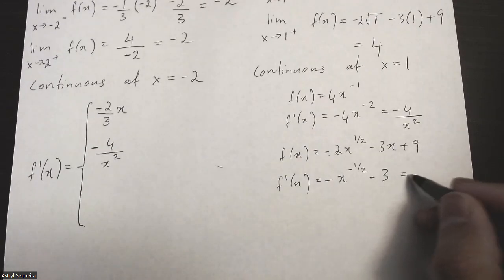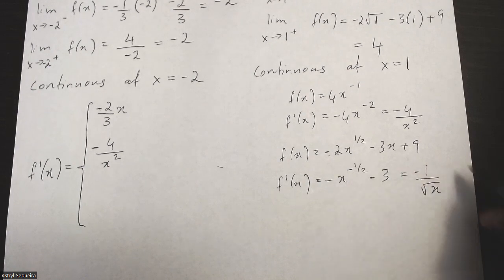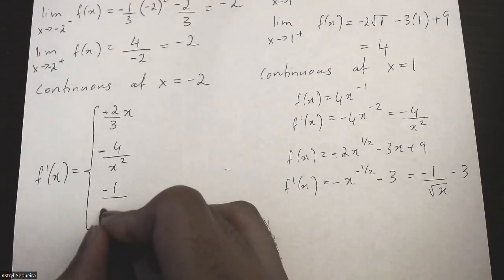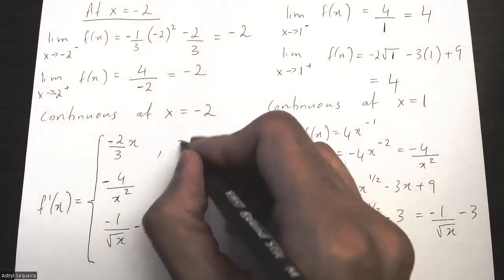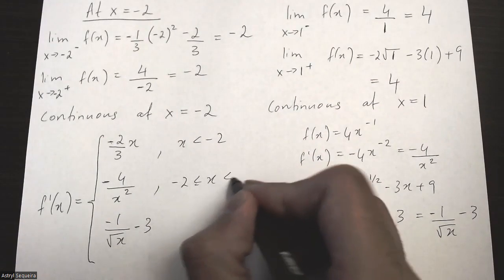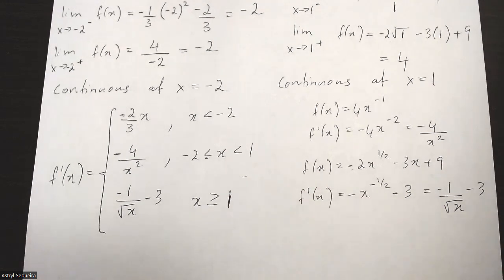So this simplifies to -1 over root x, minus 3. This is for x less than -2. This is between -2 and 1. And this is for x greater than or equal to 1.